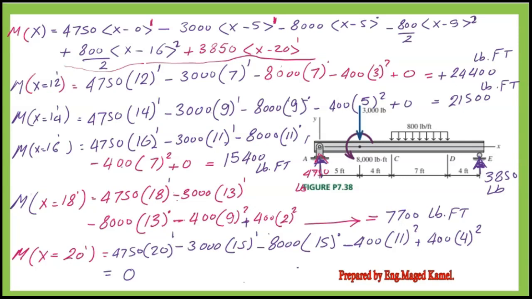We have 7,700 pound-foot. Finally, the moment at x equal to 20, if we sum all these values, will be equal to 0. That is normal because we have a hinge shear, and the sum of the moments at the right support will be equal to 0.